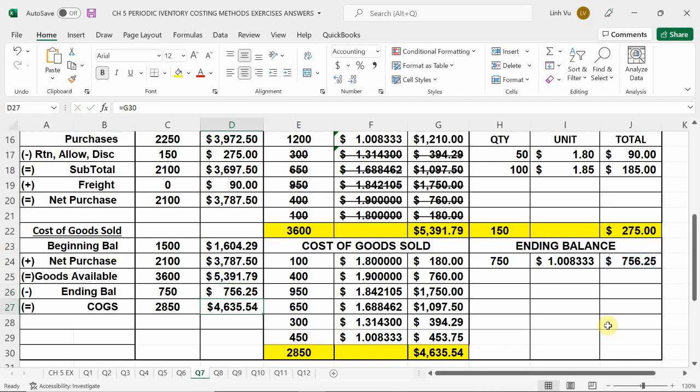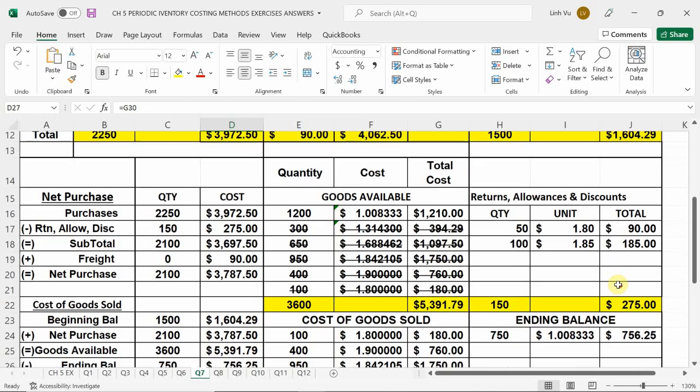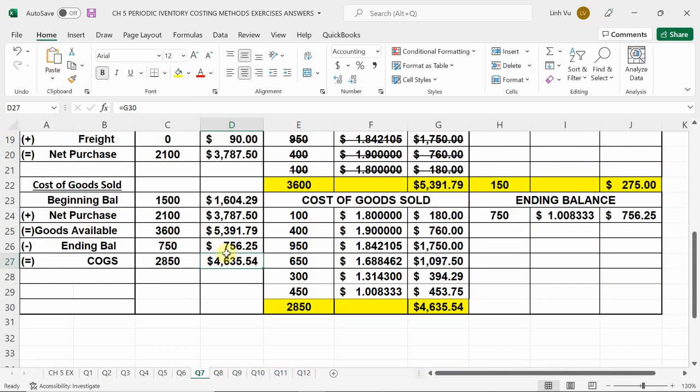Hold on. $756. I think I highlighted the wrong one. All right, no, I'm right. So in this case, I got $756, right? And I could have easily just taken this number and solved for the cost of goods sold by subtracting it from my goods available.